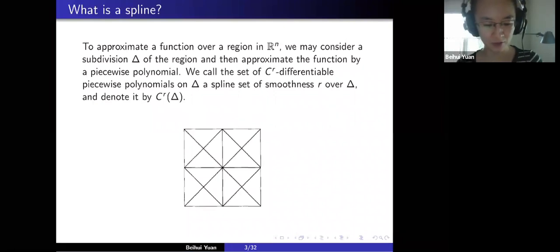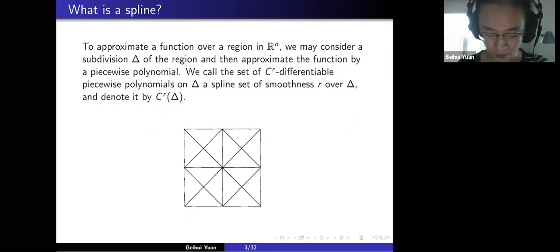So first of all, what is a spline? A spline in a sentence is a set of piecewise polynomials. To approximate a function over a region in R^n, we may consider a subdivision of that region. And then we put polynomials on each of these small pieces. And we also require some smoothness on these boundaries.